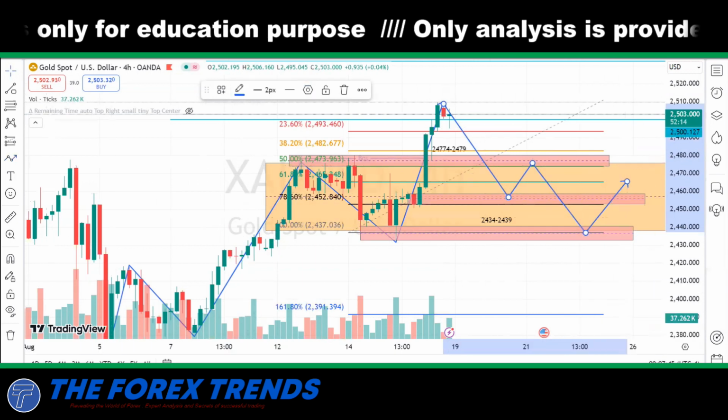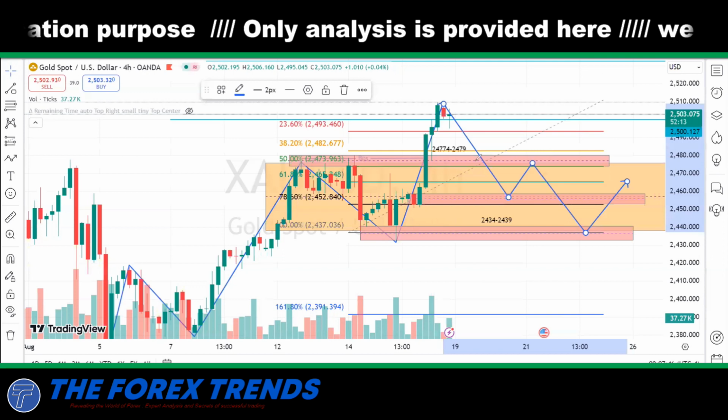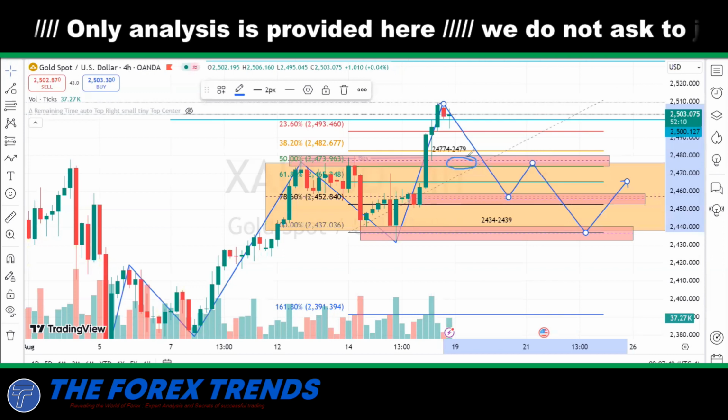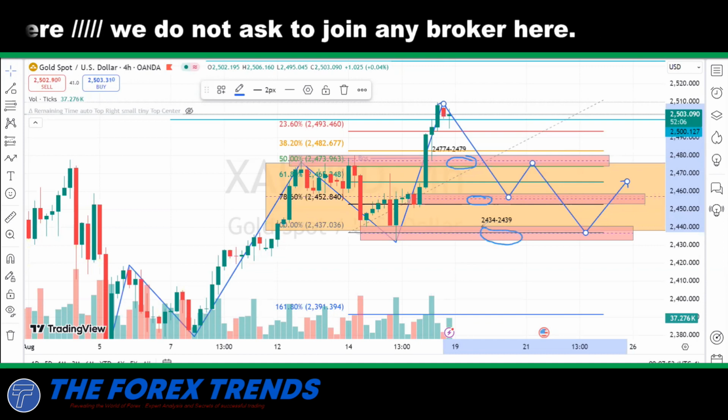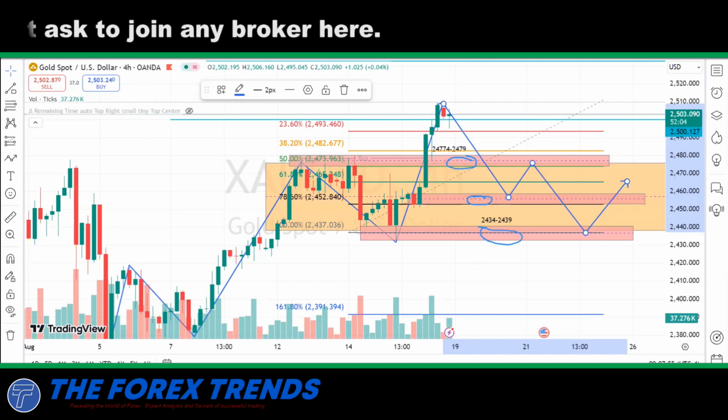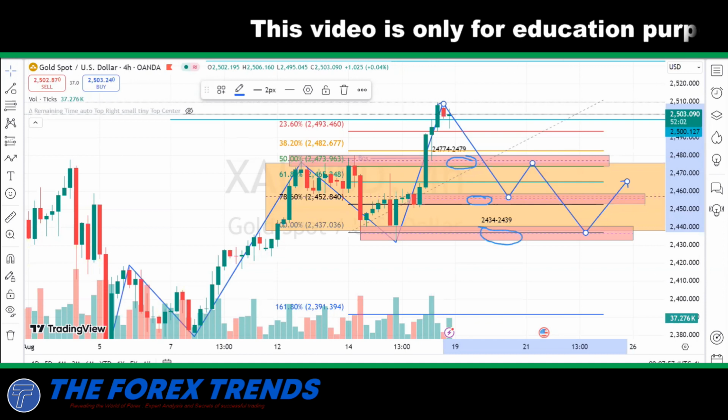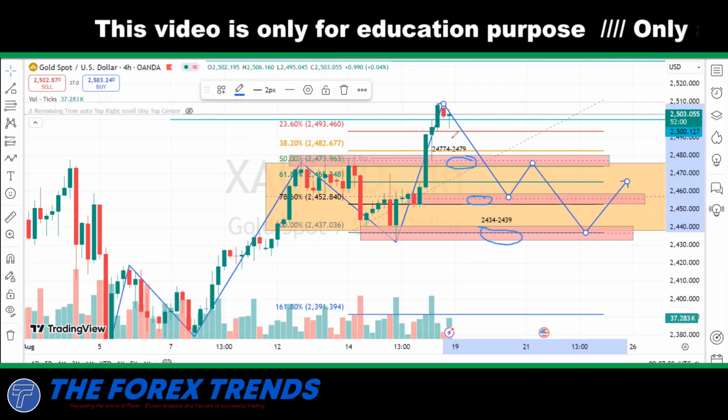So whenever we get price at these zones, we'll initiate a buy for getting some profit. Okay. So mark these zones on your chart.